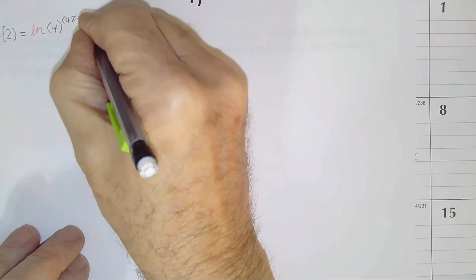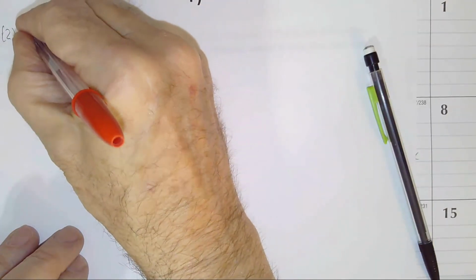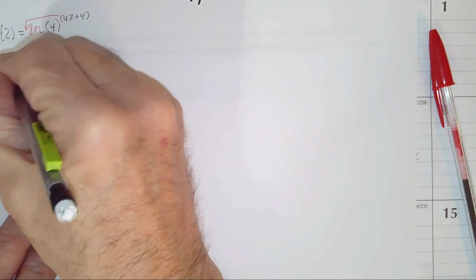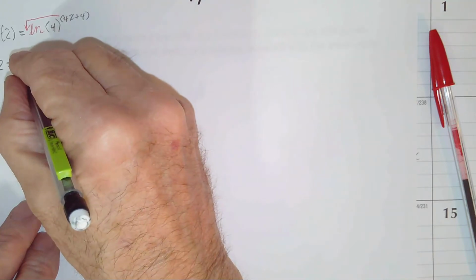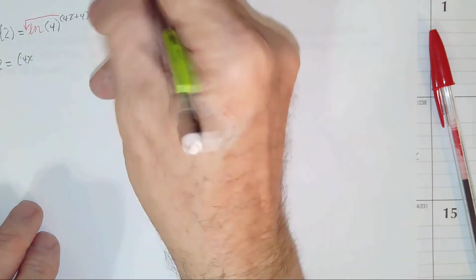And of course, by doing the natural logs, I can drop the exponent now down in front. So I'll rewrite this now. On the left, it'll be natural log of 2 equals 4x, so it's plus 5, I'm sorry, 4x plus 5.